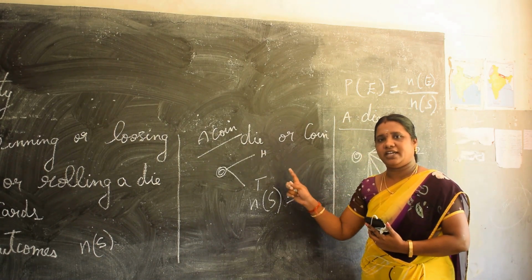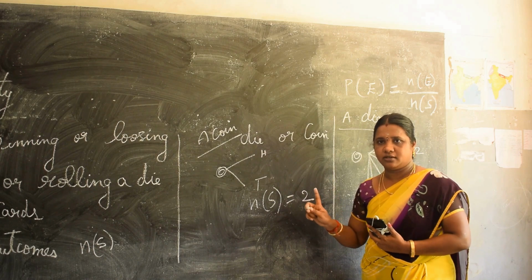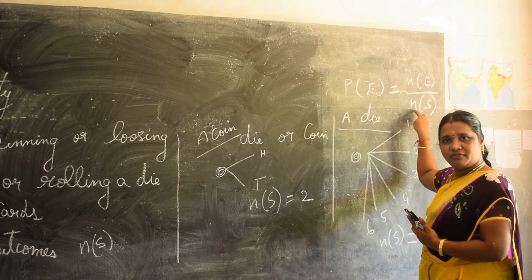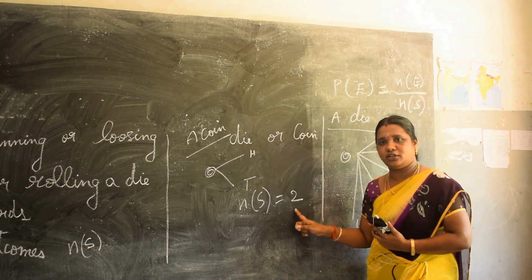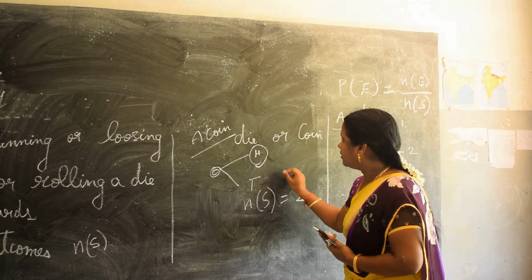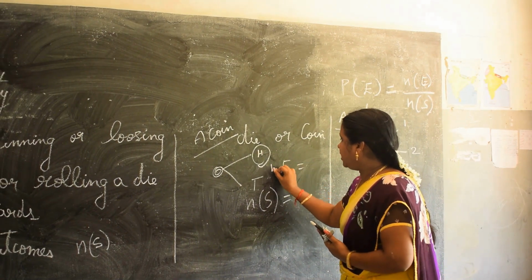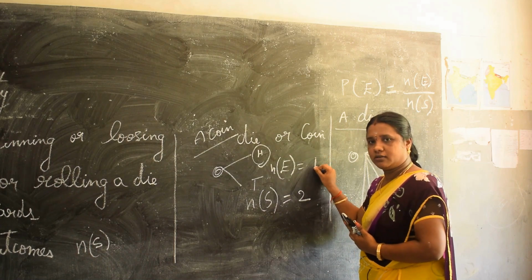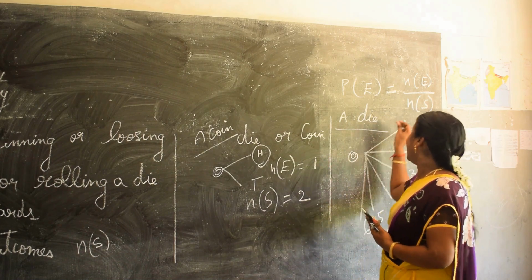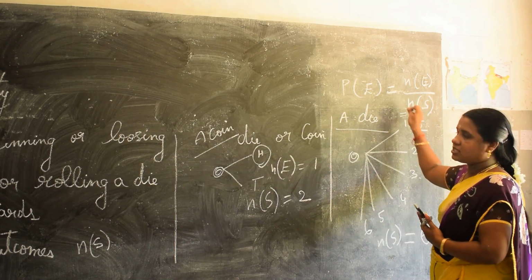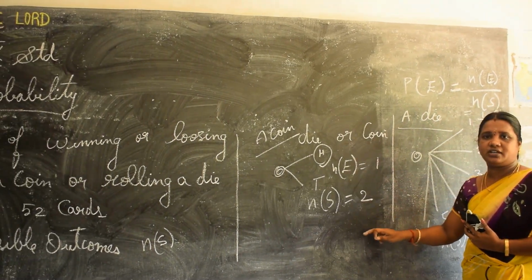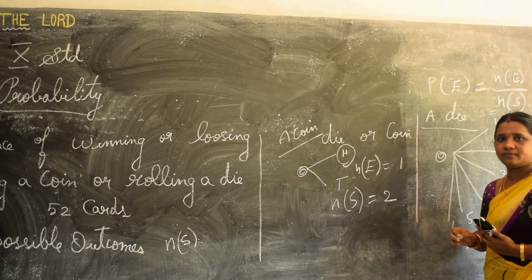What is the probability of getting head? Our sample space n(S) is 2. For head, n(E), how many heads do we get? Only 1. What is our sample space? 2. So our answer is 1 by 2. This is the probability of an event when we toss a coin.